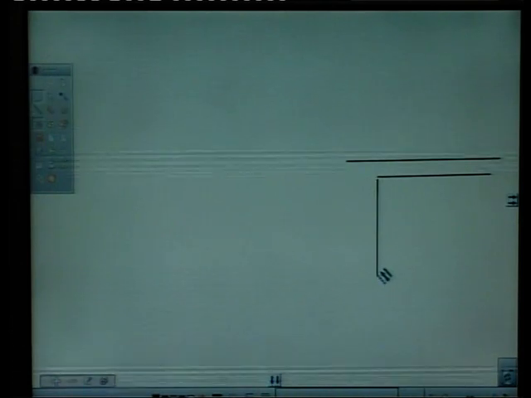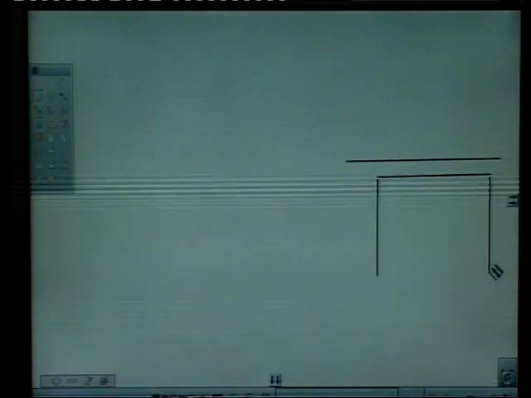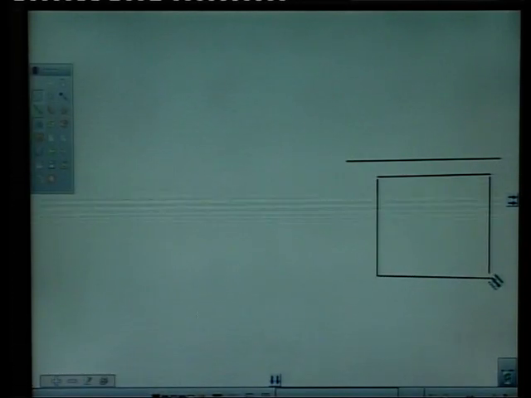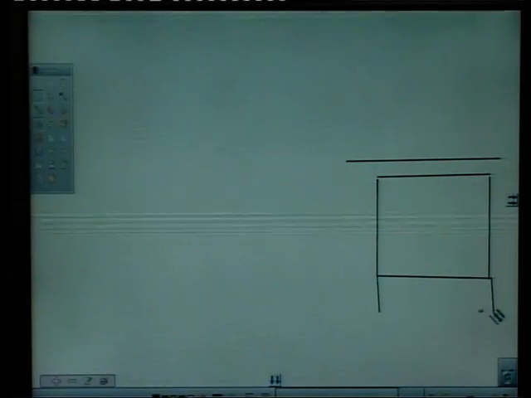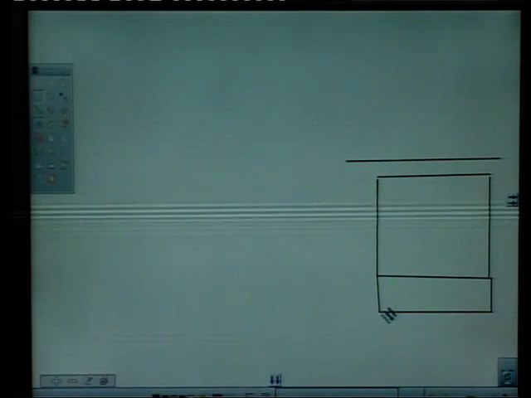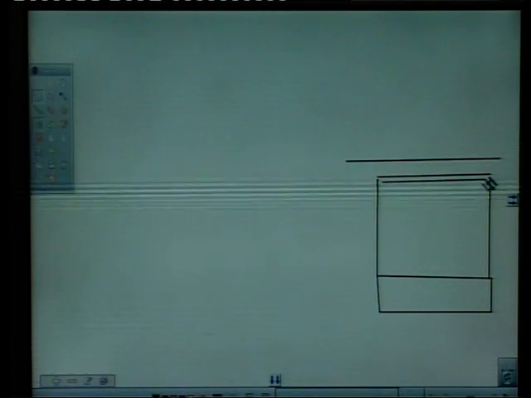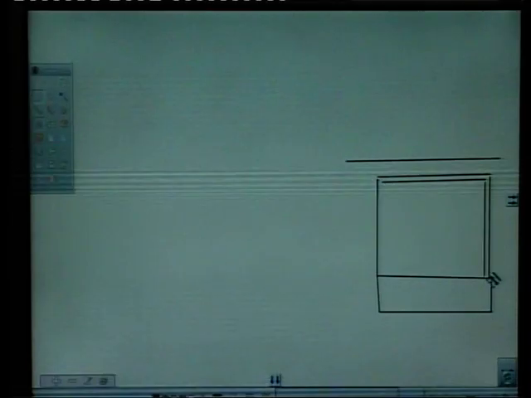Say we have a plan and elevation of a security post like this. Say this is the plan.